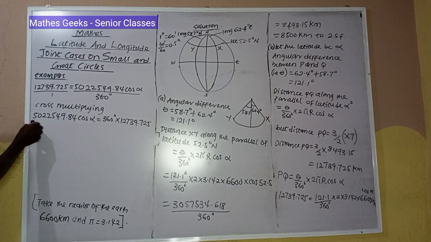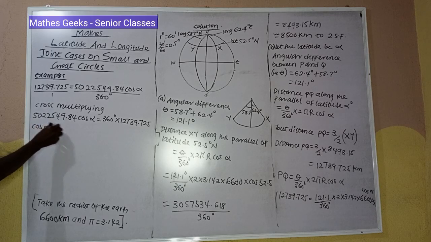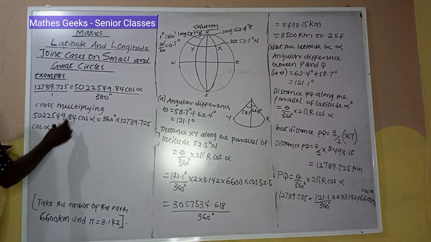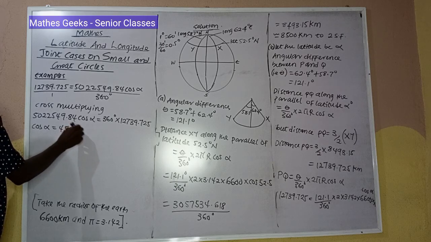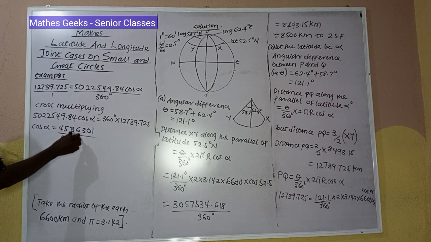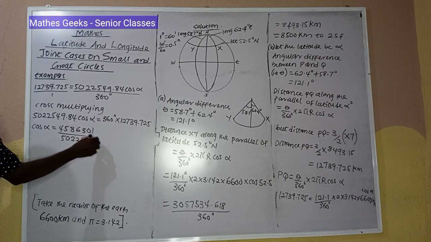So cos alpha is equal to 360 times 12739.725 divided by 5,022,549.84.